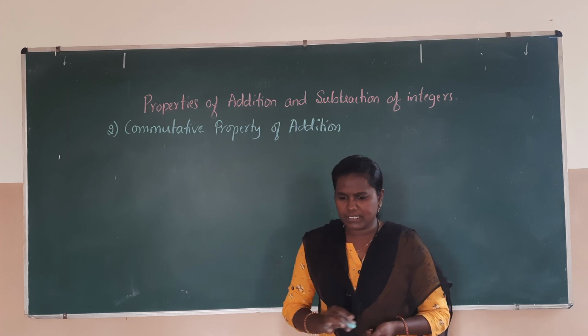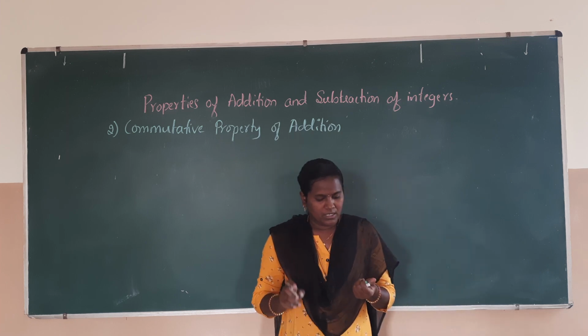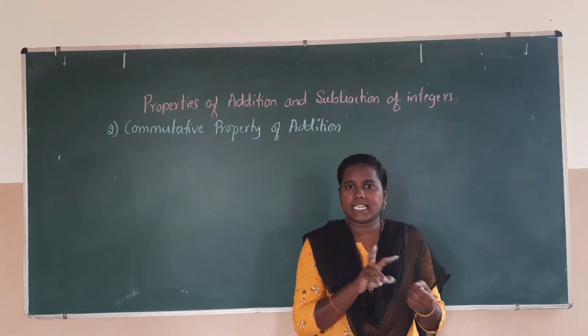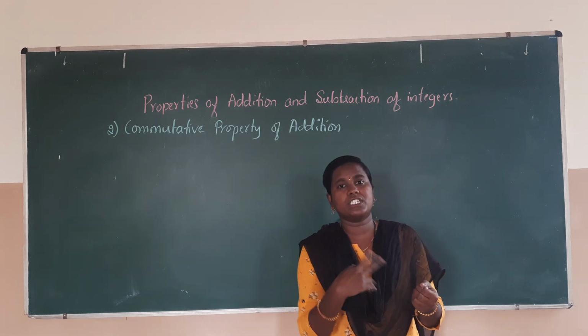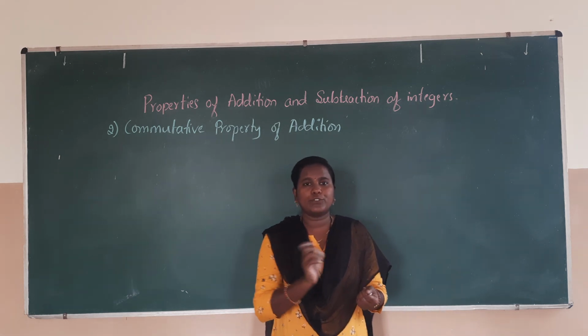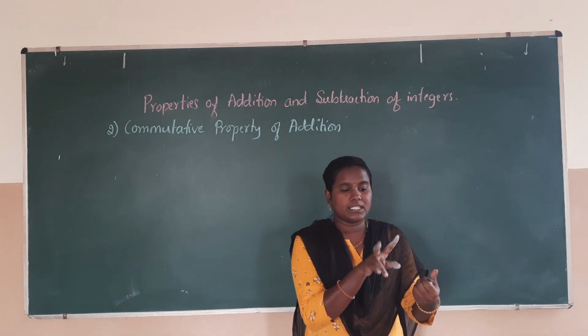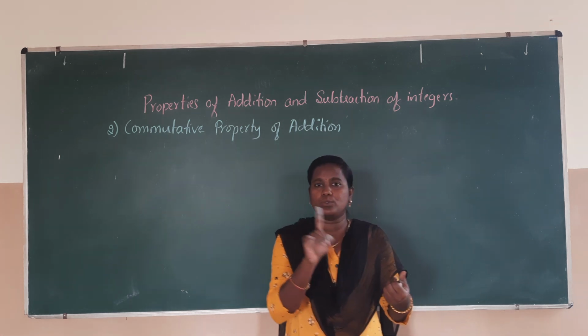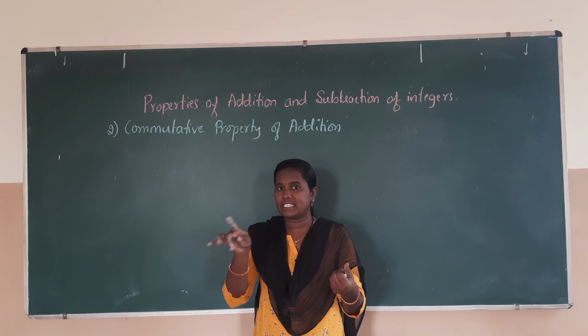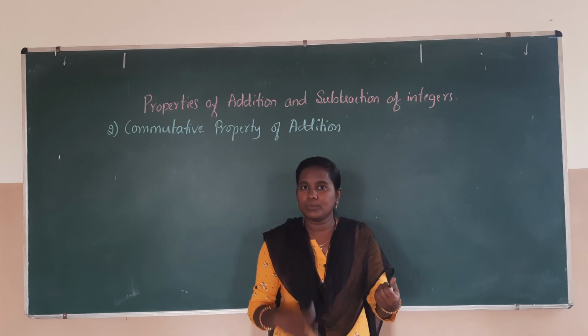For whole numbers, you know that if you take two numbers a and b and change their order, for example 3 and 2, 3 plus 2 is equal to 5, that is equal to 2 plus 3 also.